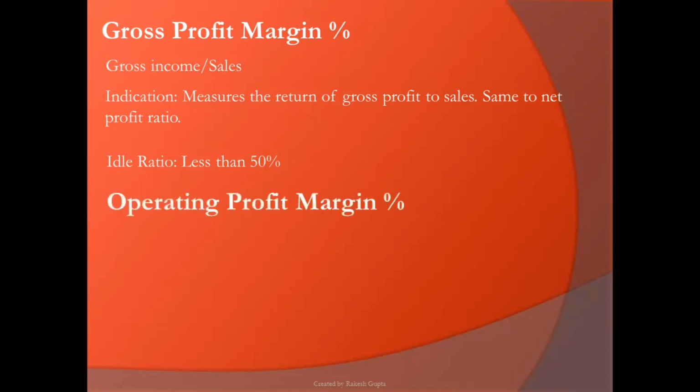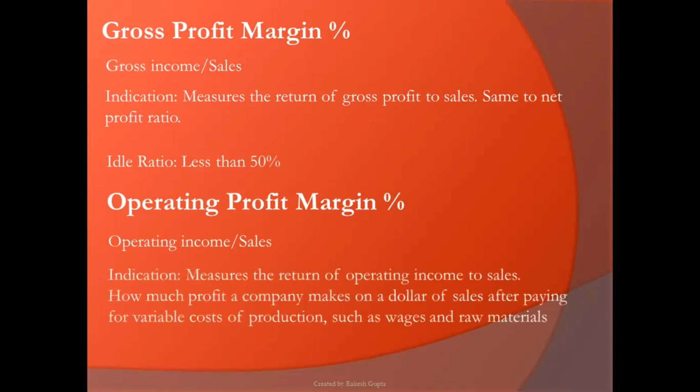Let's move on. Operating profit margin percentage. What is the formula? Operating income divided by sales. And what will it indicate? It measures the return of operating income to sales, how much profit a company makes on a dollar of sales after paying for variable cost of production such as wages and raw materials.